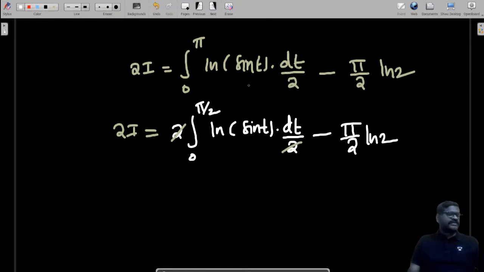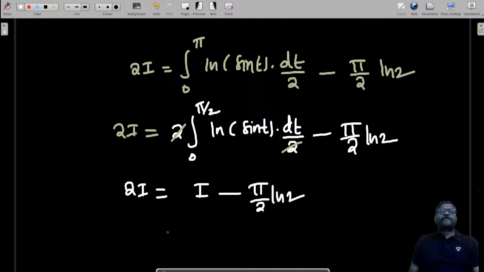2I is I minus pi by 2 log 2. Therefore, 2I minus I is minus pi by 2 log 2.